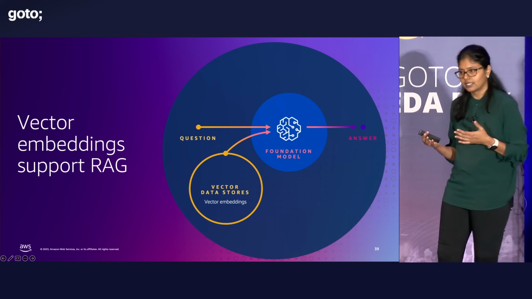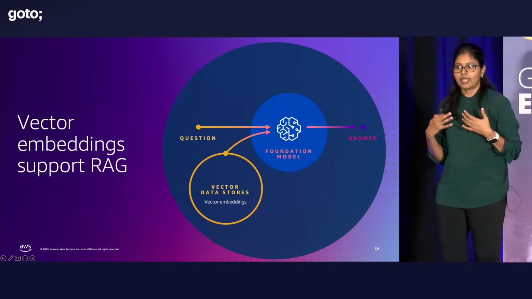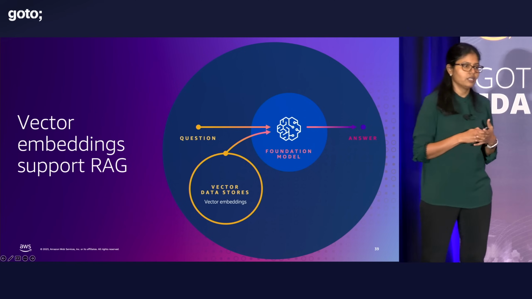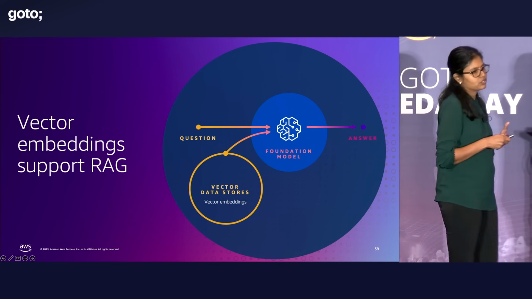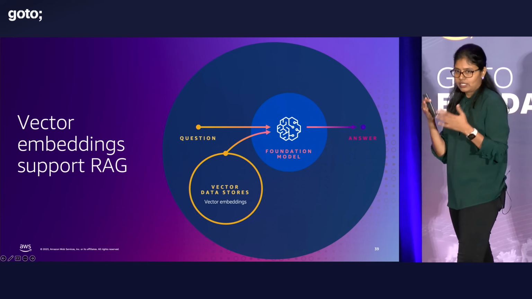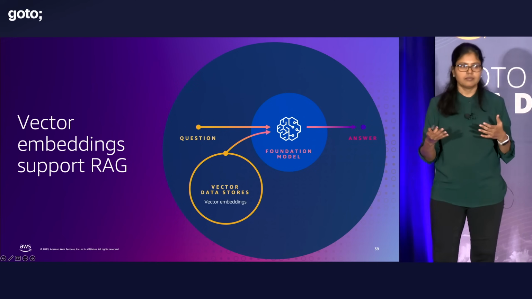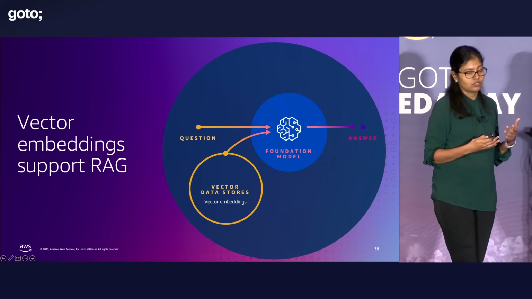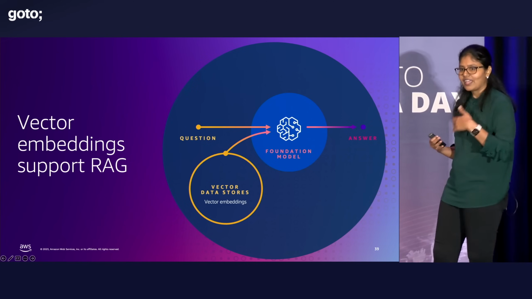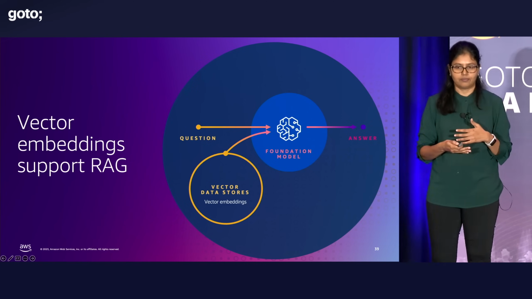There are multiple techniques to make the model context-aware or domain-aware, and one of the popular techniques is retrieval-augmented generation, or knowledge retrieval. As the name indicates, you're retrieving the knowledge from a knowledge store, augmenting the prompt with that knowledge, so augmenting the question with that knowledge, and then asking the foundation model to generate the answer.